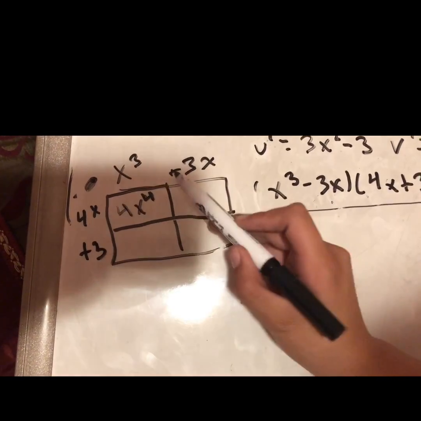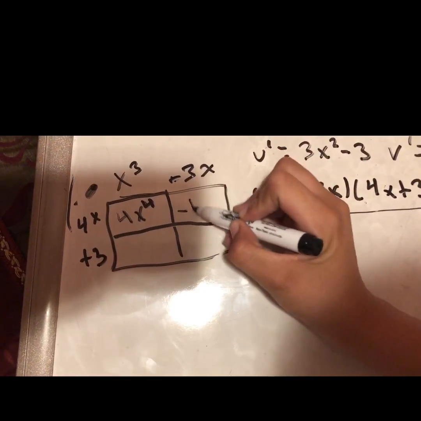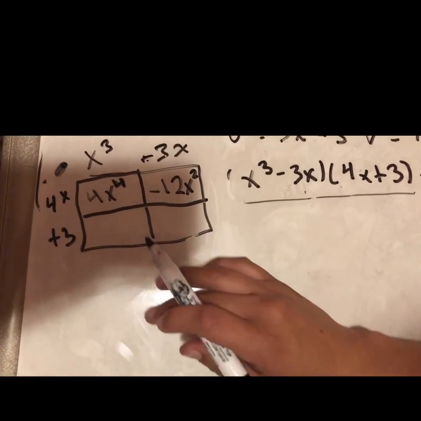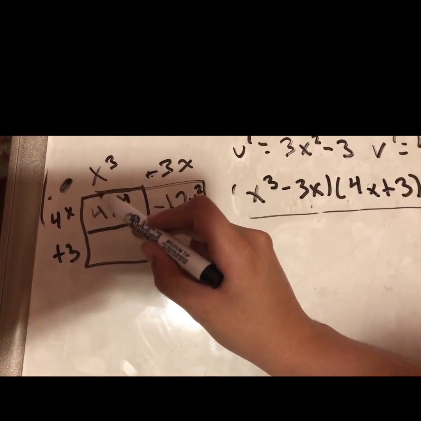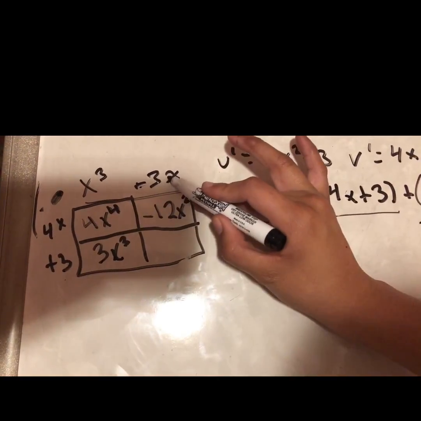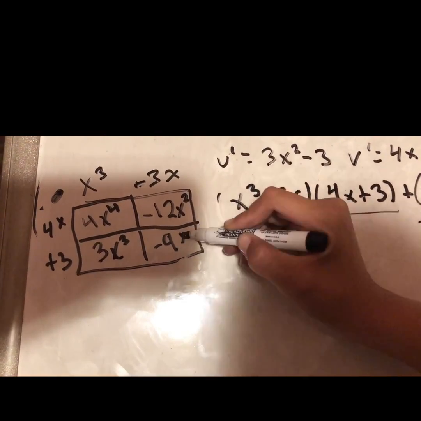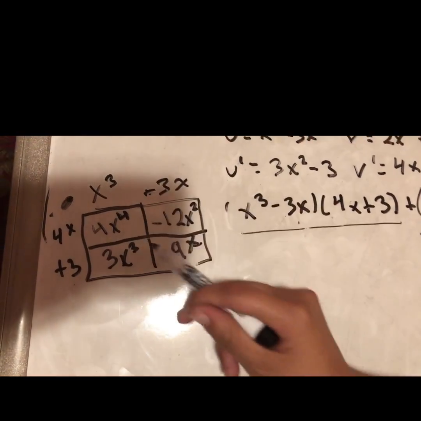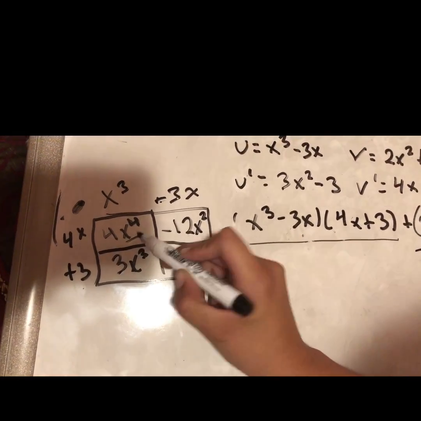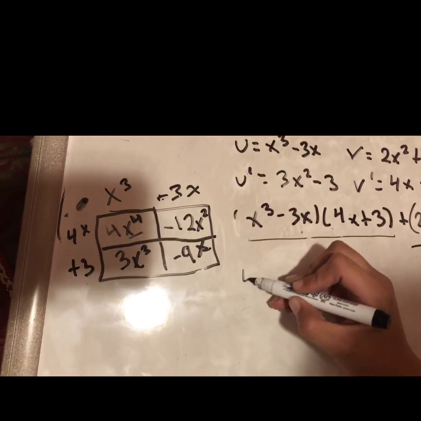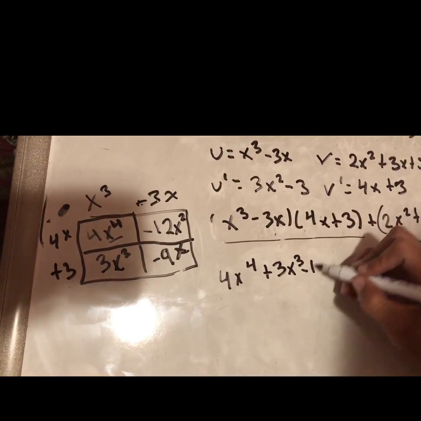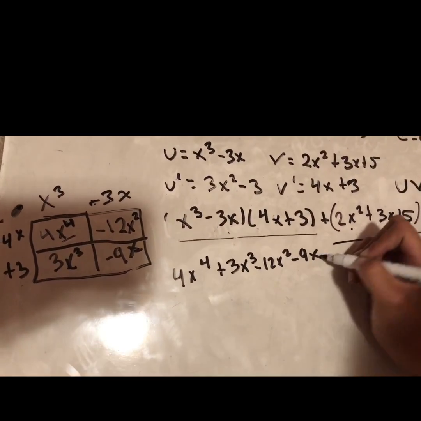And you would do the same with 4x and negative 3x, which would be negative 12x squared. And now 3 times x cubed is 3x cubed, and 3 times negative 3x is negative 9x. So now you would combine the like terms, but as you can see, there are no like terms. So you put them in order from the greatest to the least: 4x to the 4 plus 3x cubed minus 12x squared minus 9x.